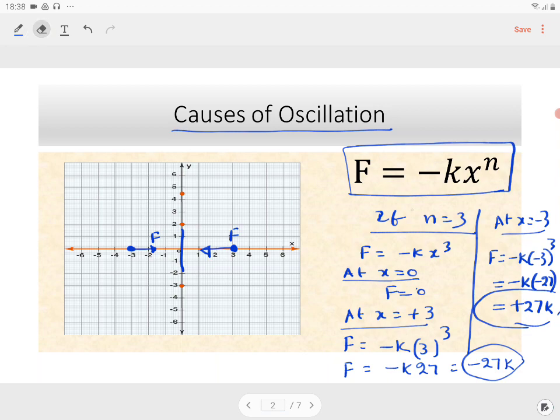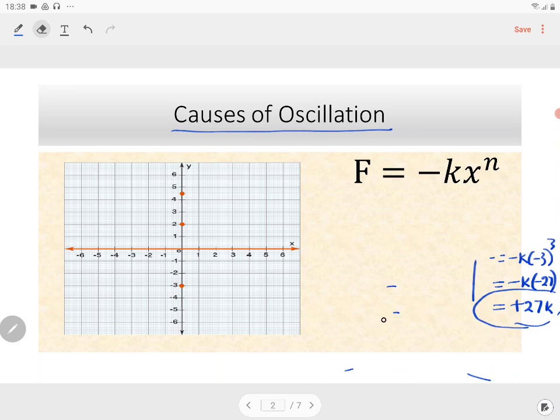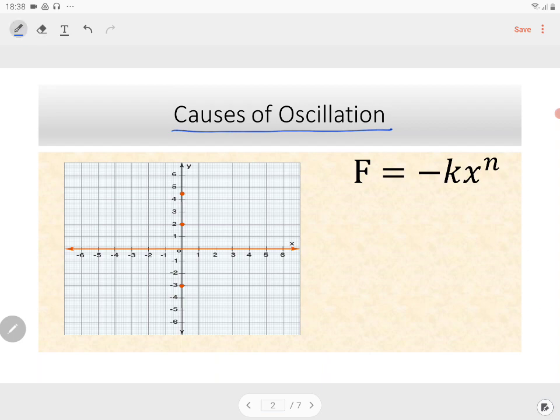Now, in the same situation, suppose we have F equal to minus kx square. Then we have to see whether the particle oscillates or goes in a straight line.